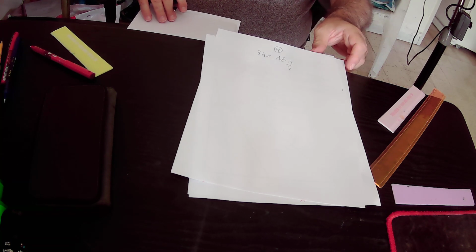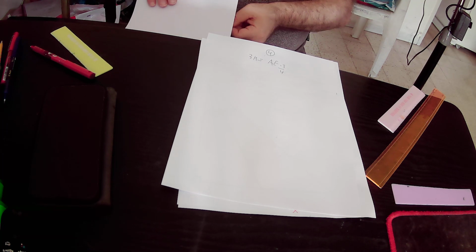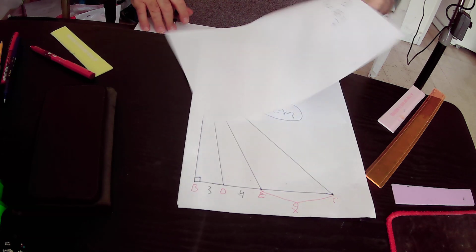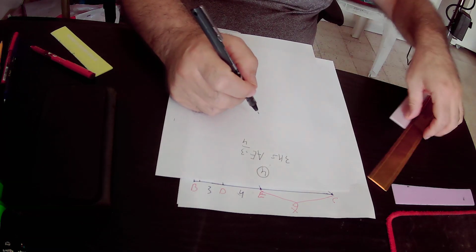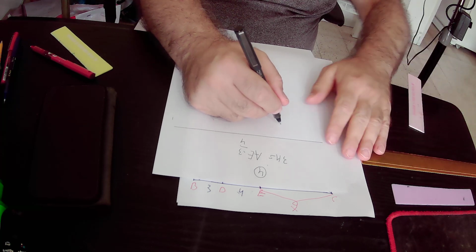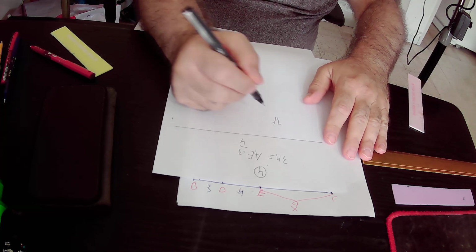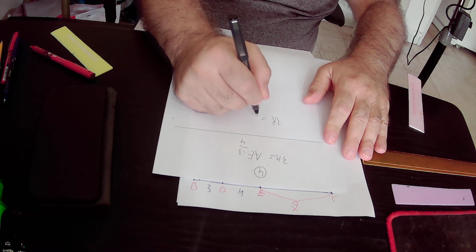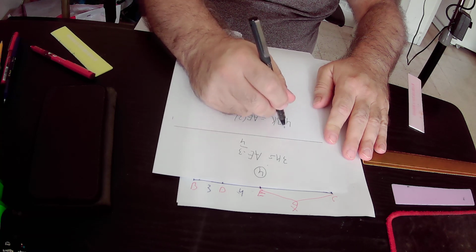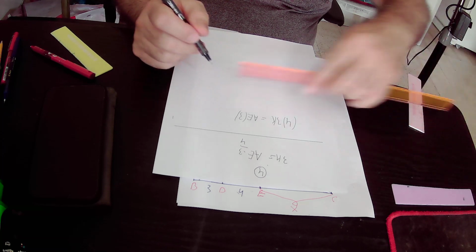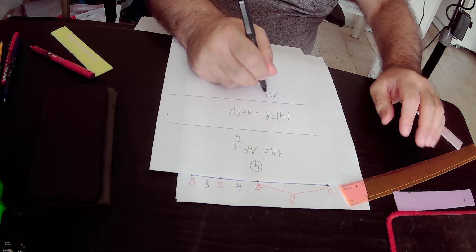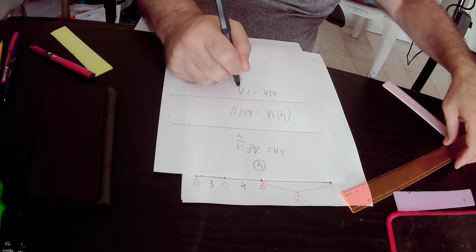3K equals AE times 3 over 4. Here we will multiply this equality by 4 and we will get that 3K equals AE times 3, so it is 4 times 3K equals AE. 4 times 3K is 12K. 12K equals 3 times AE.